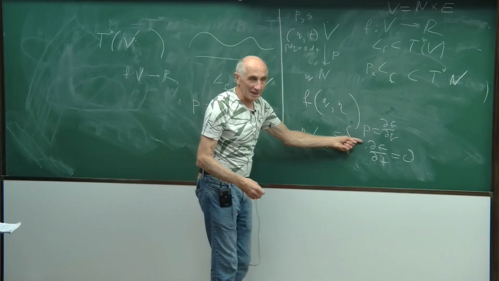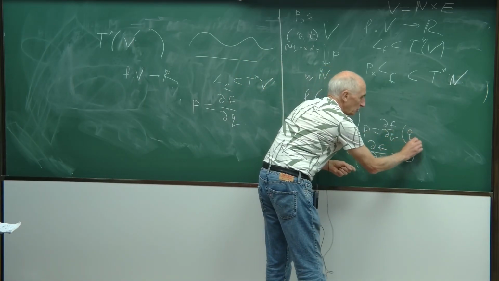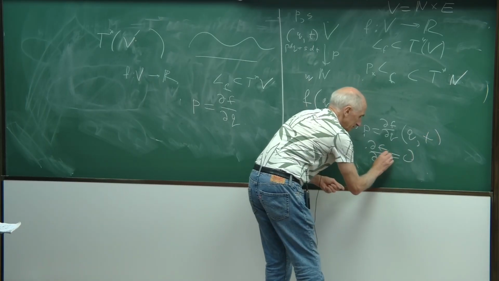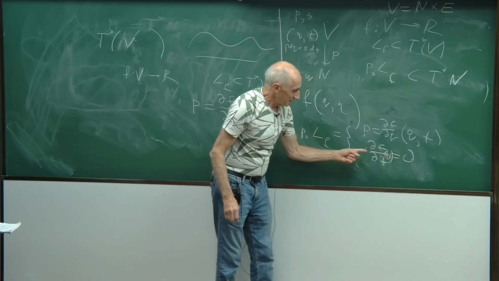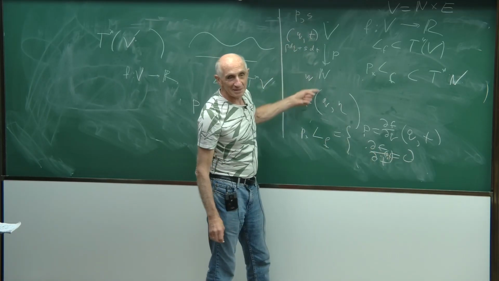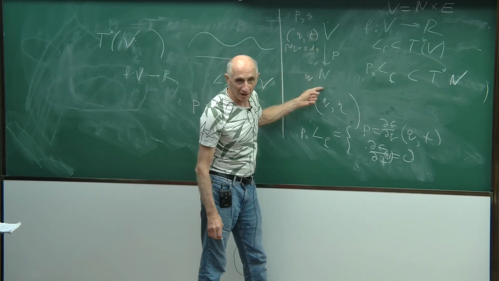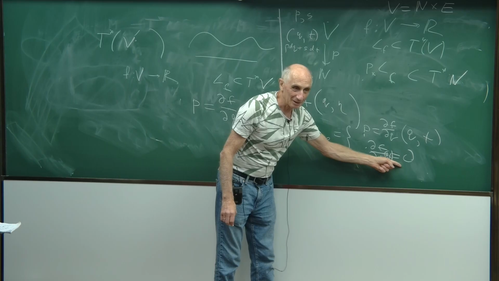So how do you understand it? F is a function of q and t. But this is a system of equations, and there are as many t's as the dimension of the fiber, and here you have as many equations.